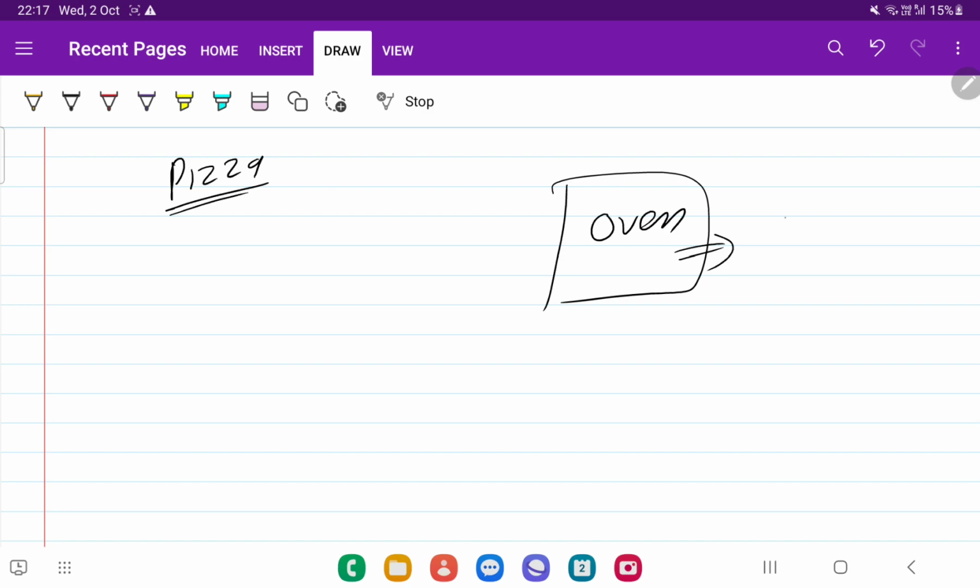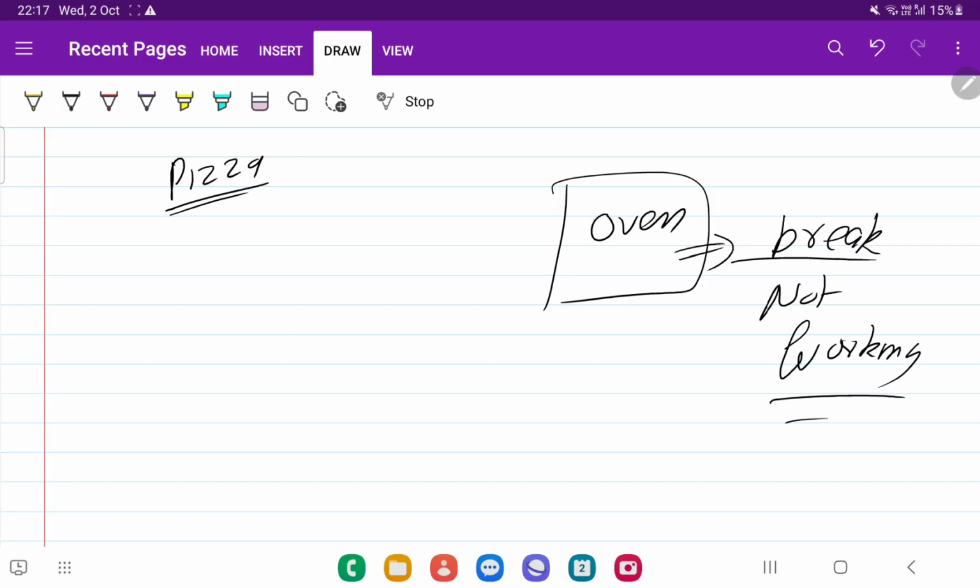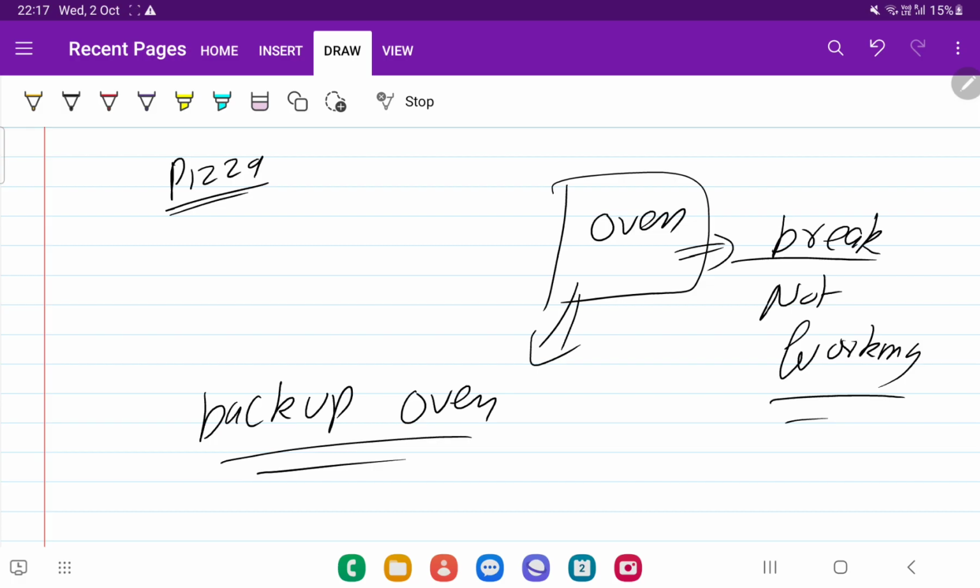Okay, this oven breaks or does not work. Okay, it's not working, right? So what we are going to do, we are going to keep a backup oven. What will this backup oven be used for? If our primary system fails, there will be a secondary system that can take over.